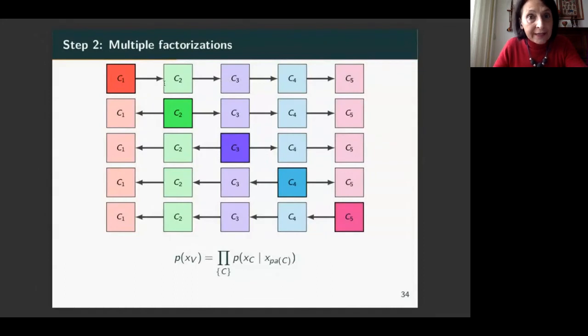And for each such factorization, the joint distribution is simply the conditional distribution of each clique given the parent cliques.